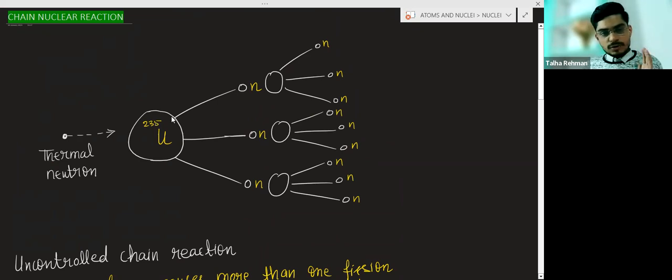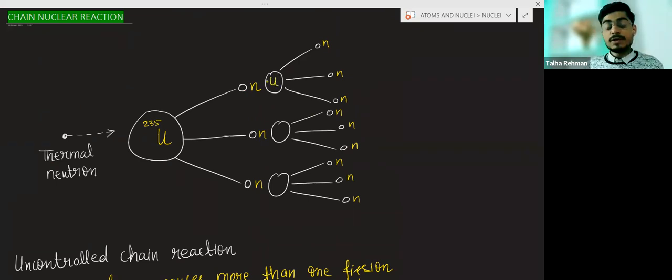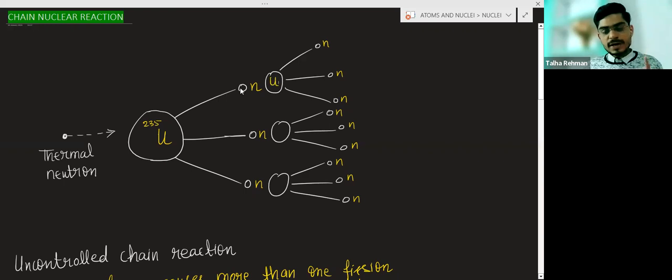Now see this neutron. This neutron will again enter into the uranium, and again the fission of this uranium will take place. Again 3 neutrons will release.